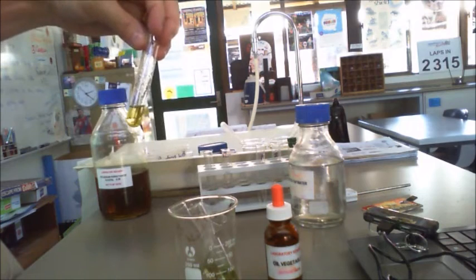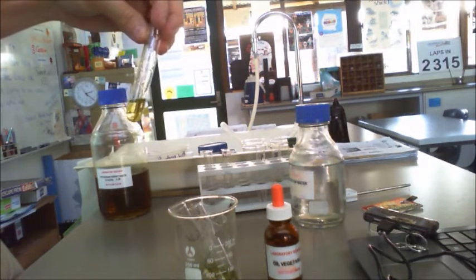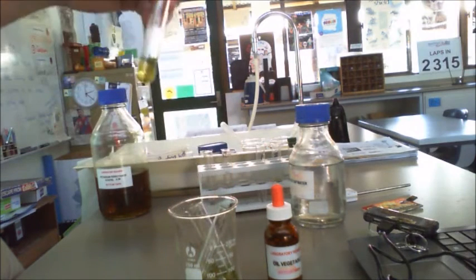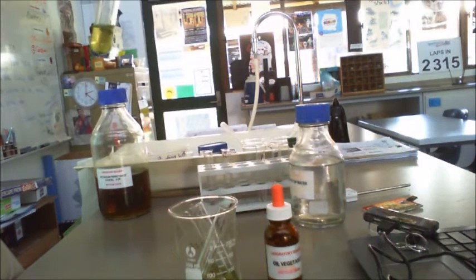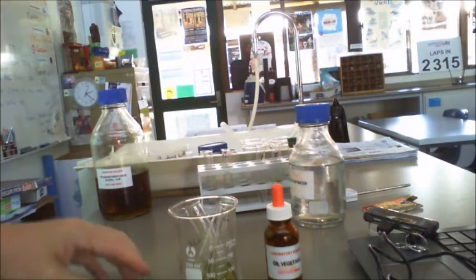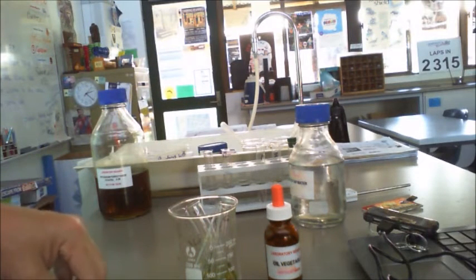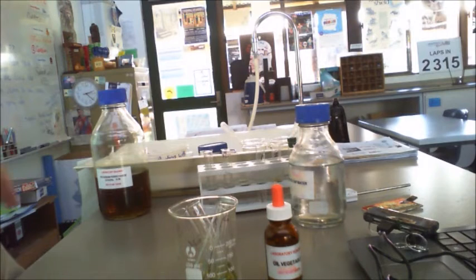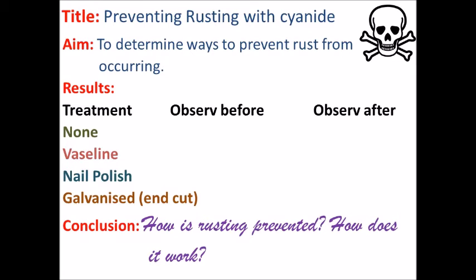This one here looks like it's the nail polish, and then this one here is the galvanized nail. Okay, and this experiment is around preventing rusting. So again, the write-up will come up in a sec, and then we'll have a look at the results on Monday.